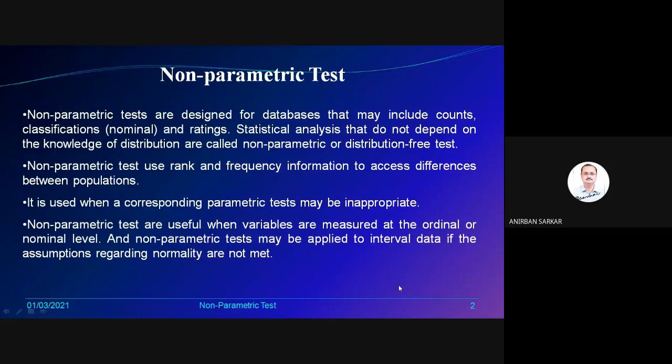Non-parametric tests you may apply on interval data, but you should be very sure that the normality assumption is not met. If the normality assumption fails, then you go for the non-parametric version. If the normality assumption holds, you apply the parametric test. That's why we call non-parametric tests distribution free. There is no need to check the distribution, because if it fails, we can still apply a non-parametric test.